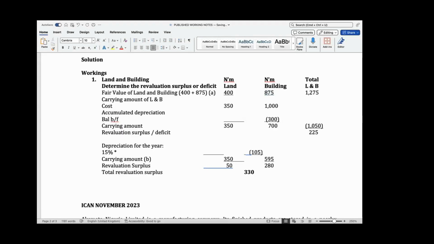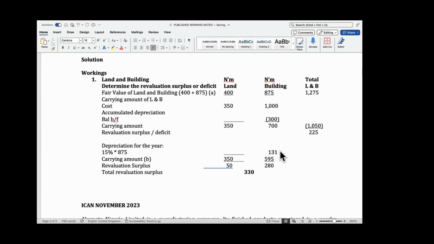So 875 million, what does that give me? 131.25. Let's approximate 131, since we're already doing a level of rounding off. So let me just do 131.